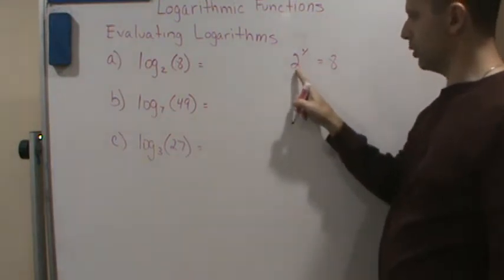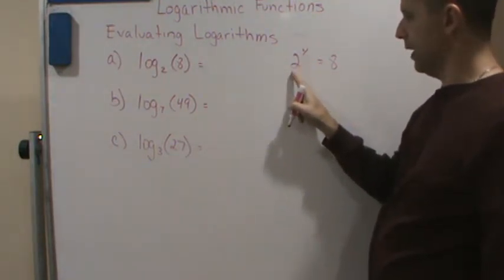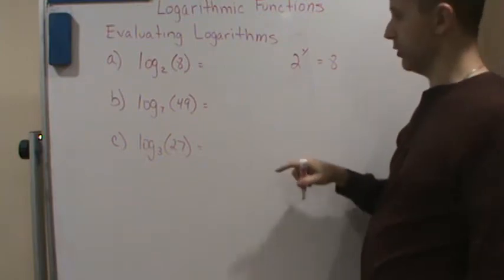If you know your powers of 2, then you know that this is going to be 2 to the third. So this is going to be equal to 3.